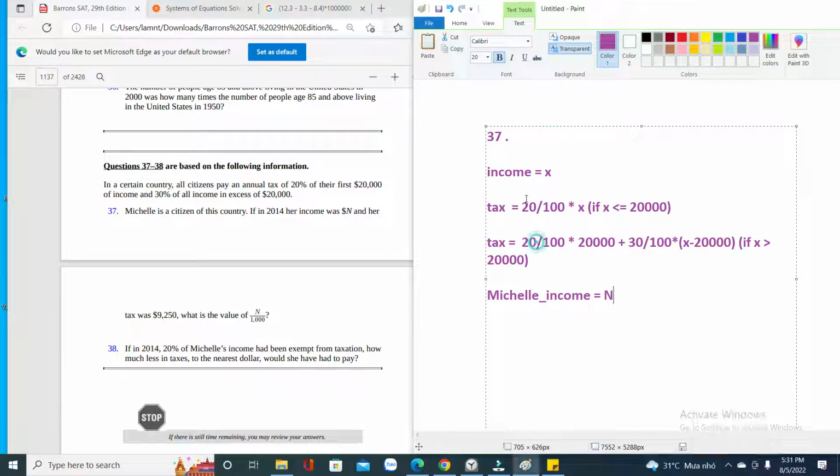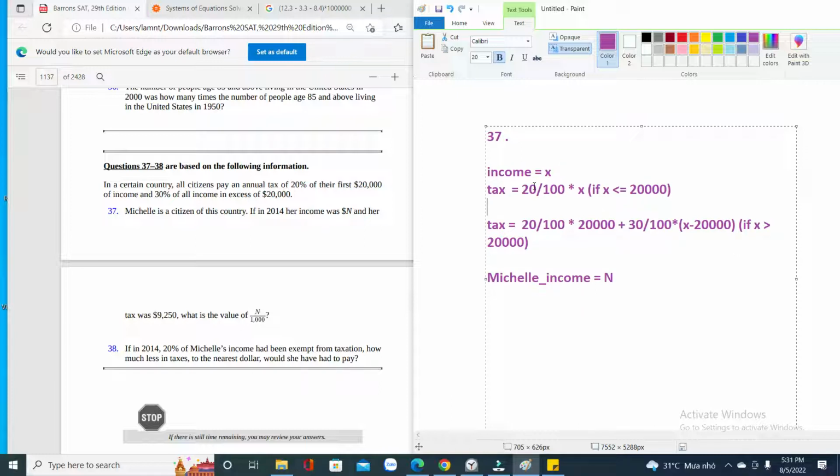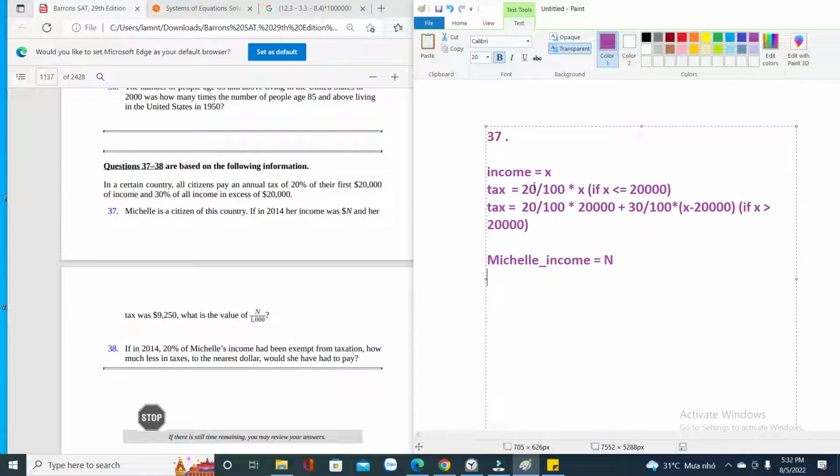Alright, so let's consider the first case. Case 1: if n was smaller than or equal to 20,000, then we know the tax is going to be 20% of n, and in this case Michelle was taxed 9,250.